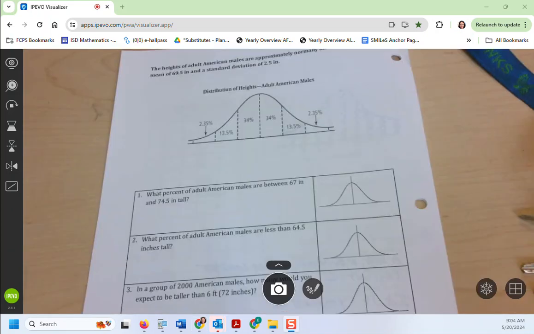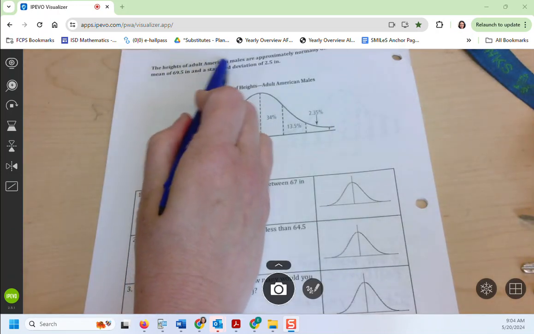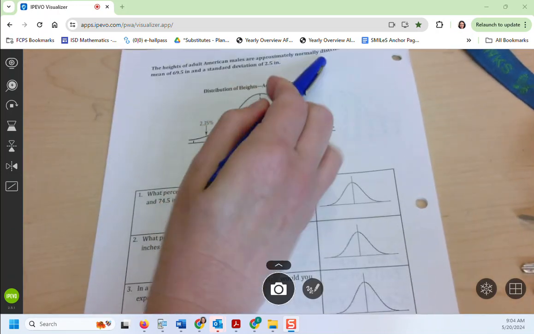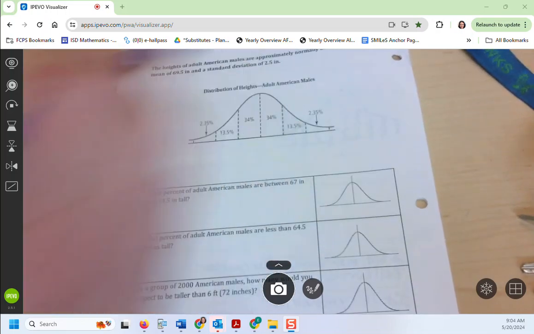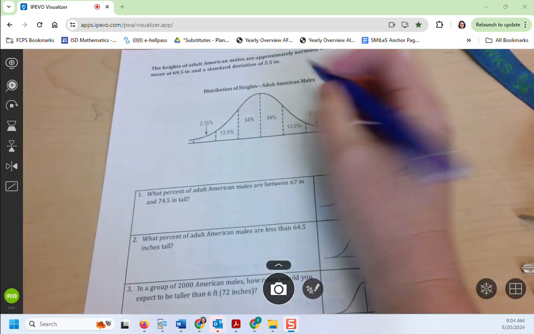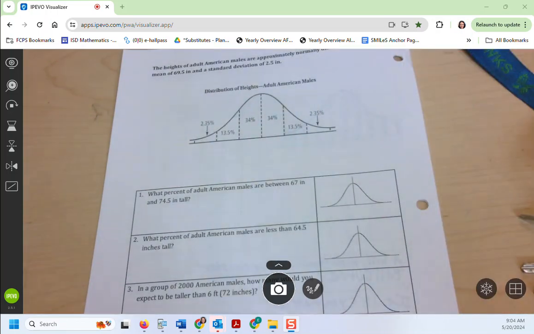All right. So one thing that is normally distributed is people's heights. And so these are the heights of an adult American male. They are approximately normally distributed with a mean of 69.5 inches and a standard deviation of 2.5 inches.